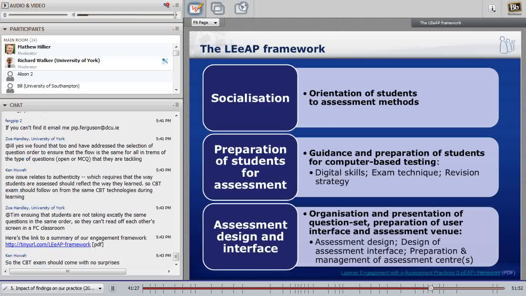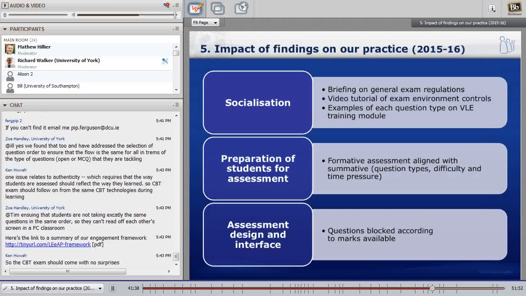In terms of what we've actually done ourselves, as I said, we give the students a briefing. Further to what I've mentioned, we now give them a briefing on general exam regulations. What we found was that the general exam regulations in China were very different to here. So even when doing a paper-based exam, and given the added potential complexities of running a computer-based exam, we feel it's really important that this is very clear at the start.